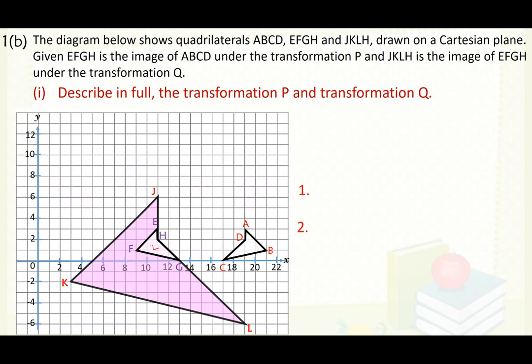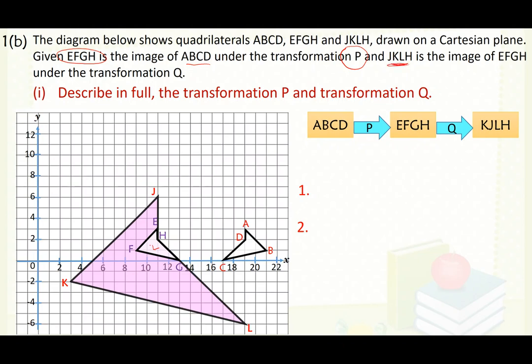我把我的题目 summarize 变成 diagram. So ABCD will produce EFGH. EFGH produces JKLH. ABCD goes to EFGH under P, and EFGH goes to JKLH under transformation Q. Okay, now I see the diagram. 现在你看这张图，这整张图。Okay, ABCD goes to EFGH.